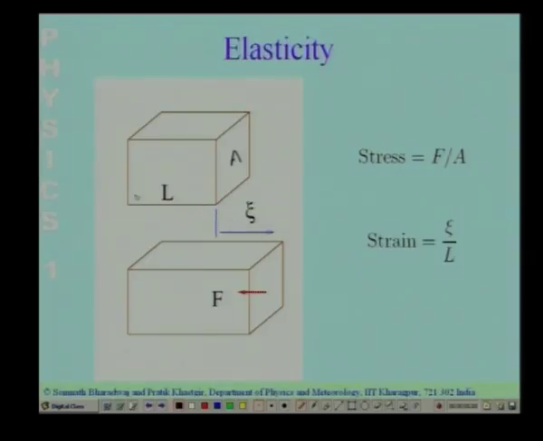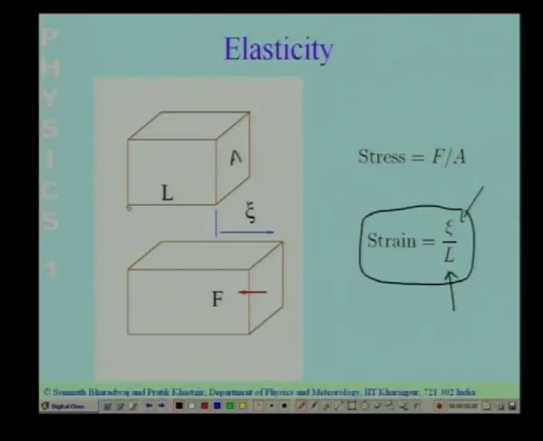So, the length which was originally L has now become L plus xi. The ratio of the deformation to the original length is called the strain. So, this ratio of the deformation is xi divided by the original length L.